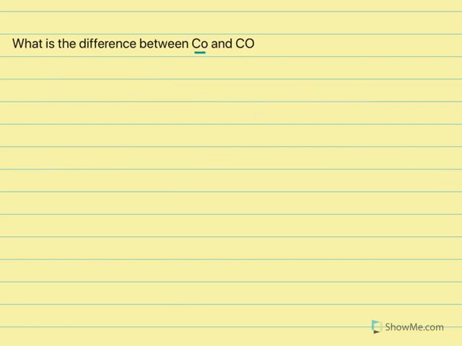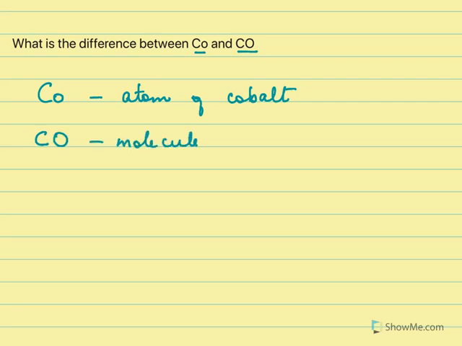Next is the difference between Co and CO. Now Co, capital C, small o, is an atom of cobalt. But CO, capital C, capital O, is a molecule of carbon monoxide.